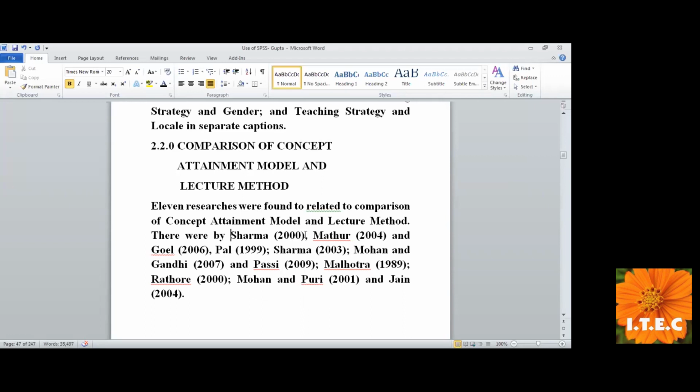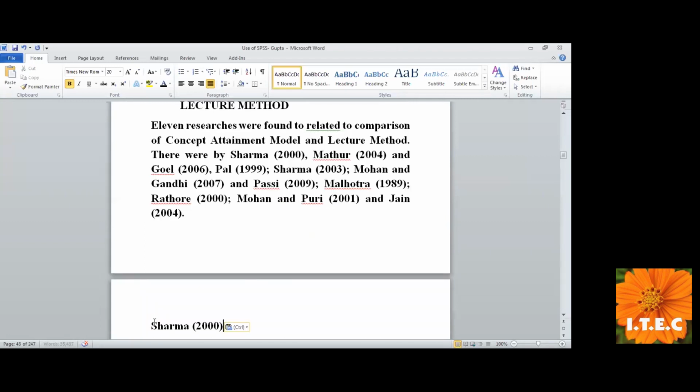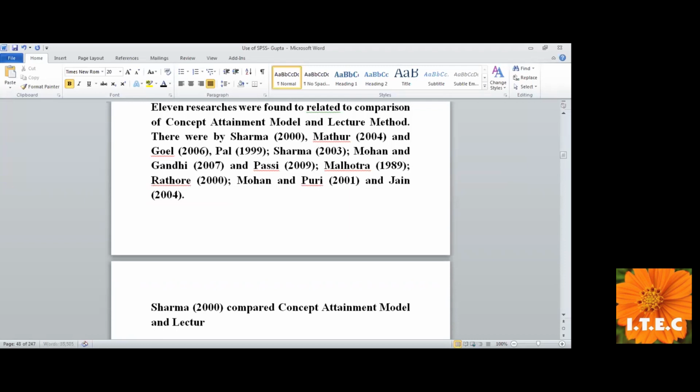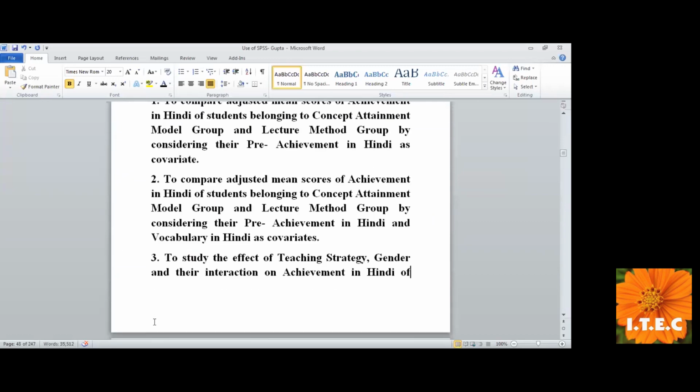So you should write that Sharma (2000) compared concept attainment model and lecture method on the basis of understanding of, whether I wrote physics or what did I write here?